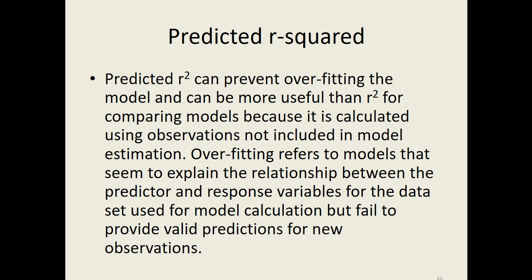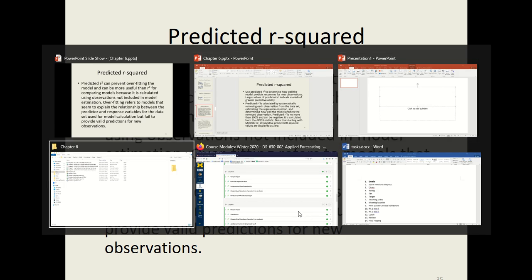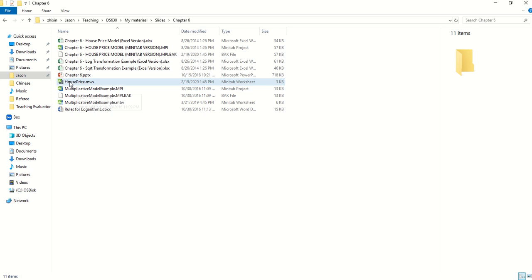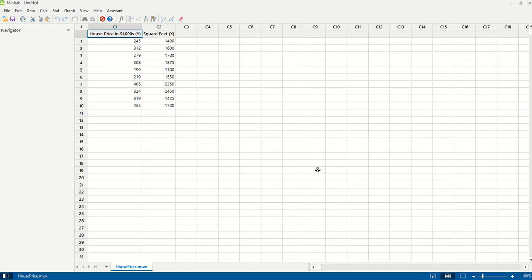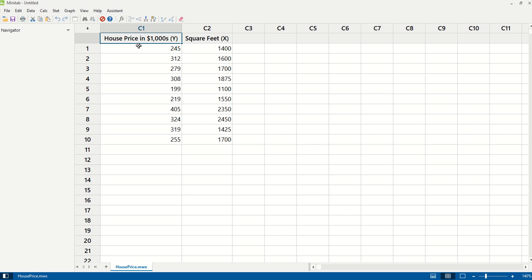Now we see an example for this process. We use our house price example. Okay, so here we have house price in $1,000 and the house size in square footage.